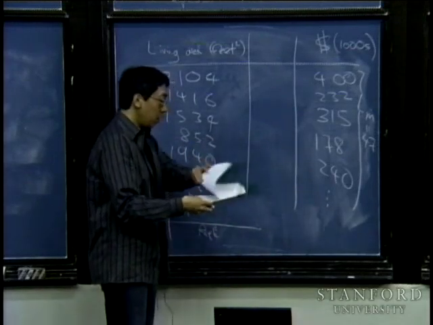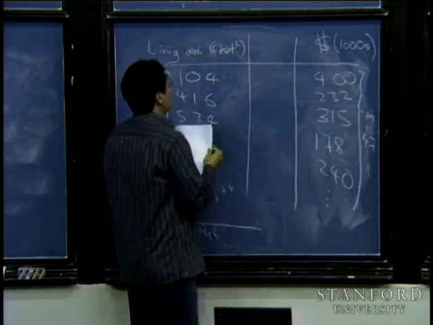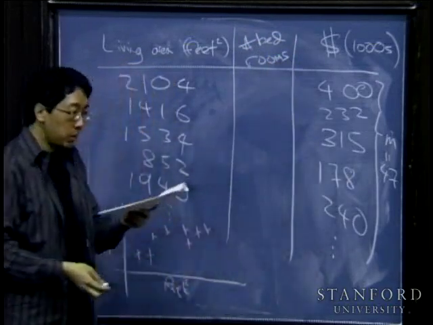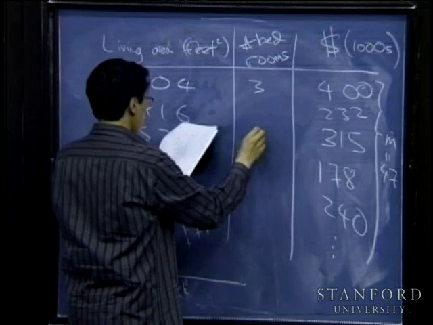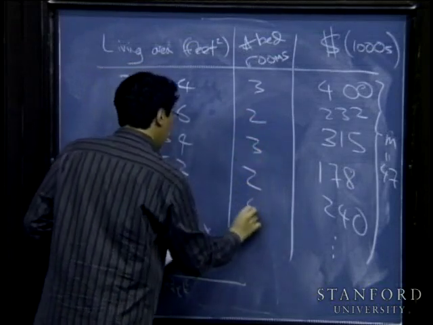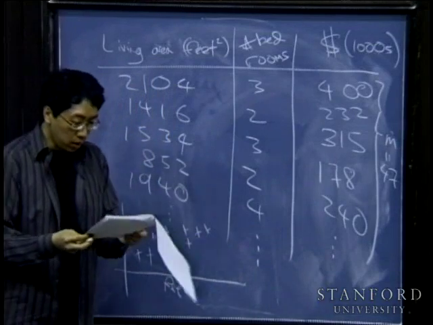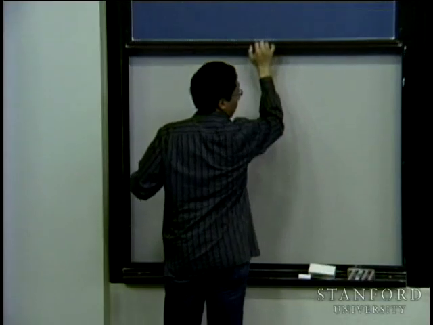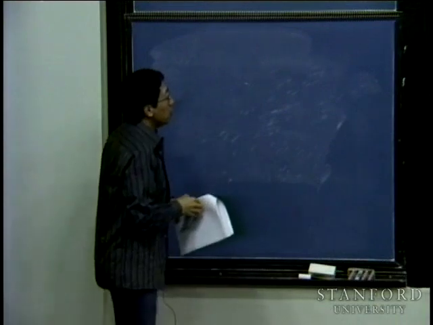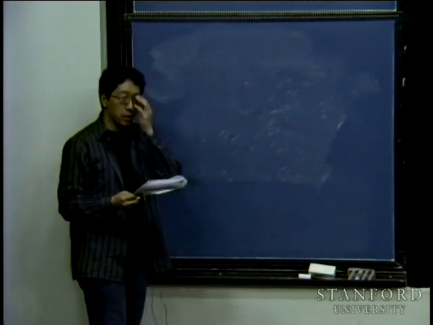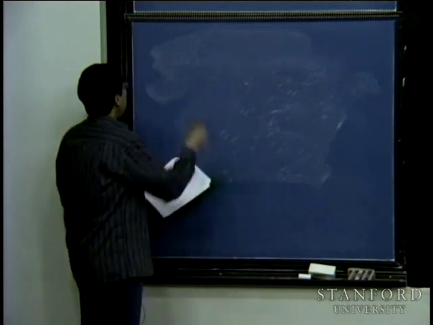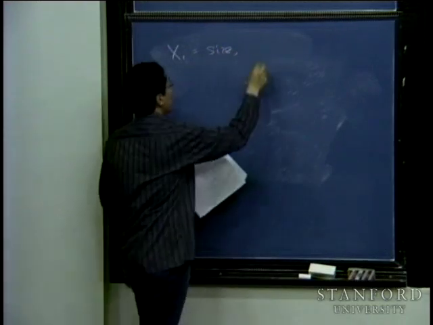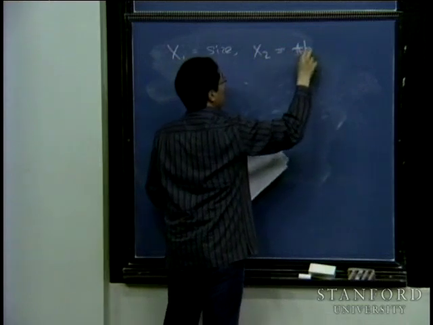So for example, if instead of just knowing the size of the houses, we know also the number of bedrooms in these houses, 3, 2, let's say, so if our training set also has the second feature of the number of bedrooms, then let x1 denote the size in square feet and let x2 denote the number of bedrooms.